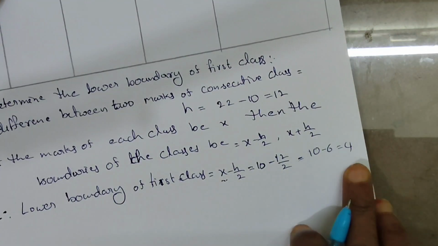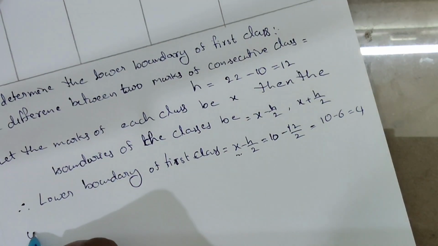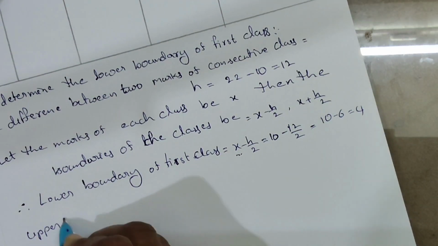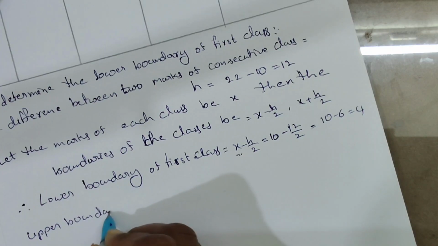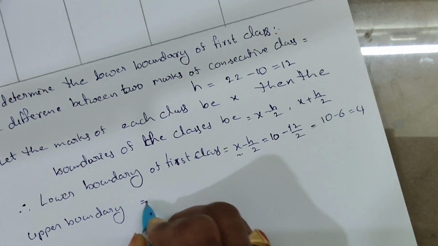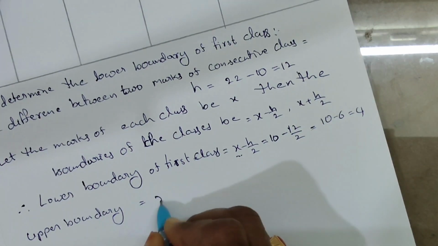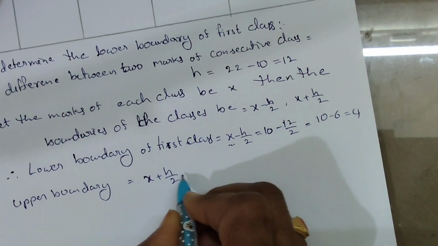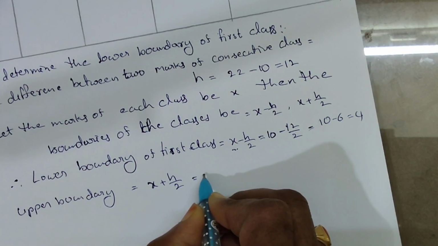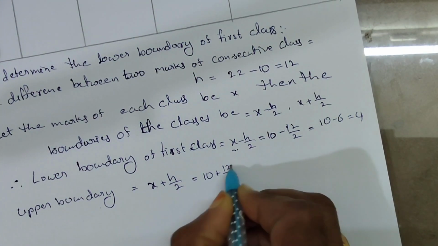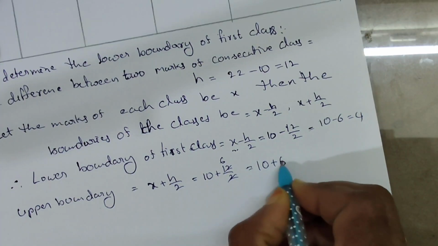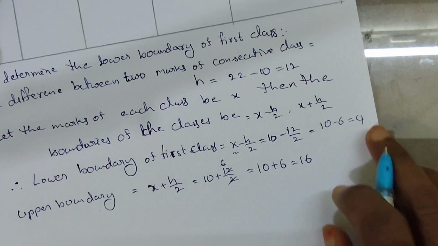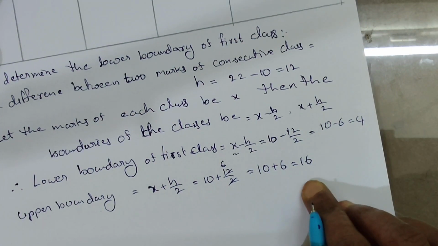This is the lower boundary of the first class. Now we write the upper boundary of the first class, which is x plus h by 2, equal to 10 plus 12 by 2, which is 10 plus 6. 16 is the upper boundary. So the lower boundary is 4 and the upper boundary is 16.